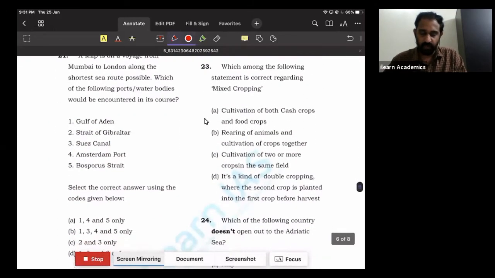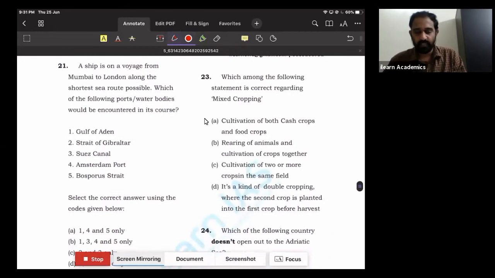Question number 21. This is an interesting question. A ship is on a voyage from Mumbai to London along the shortest sea route possible. Which of the following ports and water bodies would be encountered in its course? So let us try to travel from Mumbai to London.